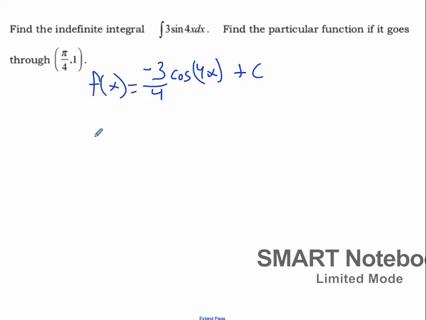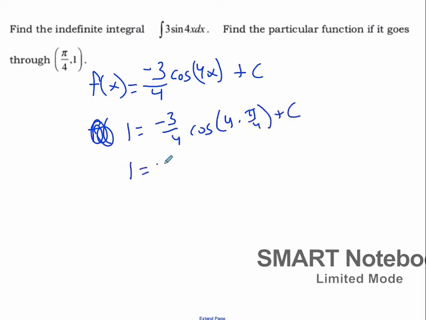To get the particular solution, we substitute in the point (pi over 4, 1). So 1 equals negative 3/4 cosine of 4 times pi over 4, plus c. And that's cosine pi, which is negative 1.